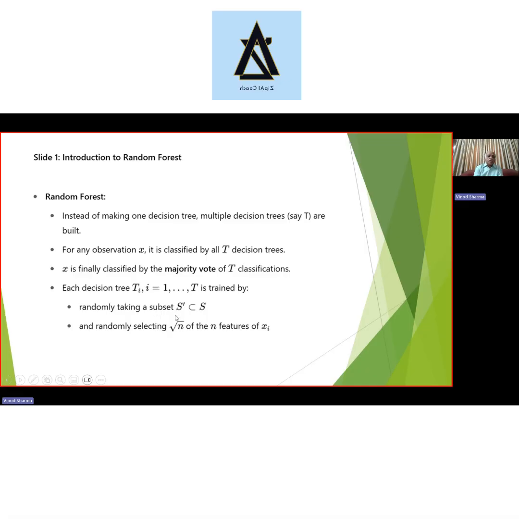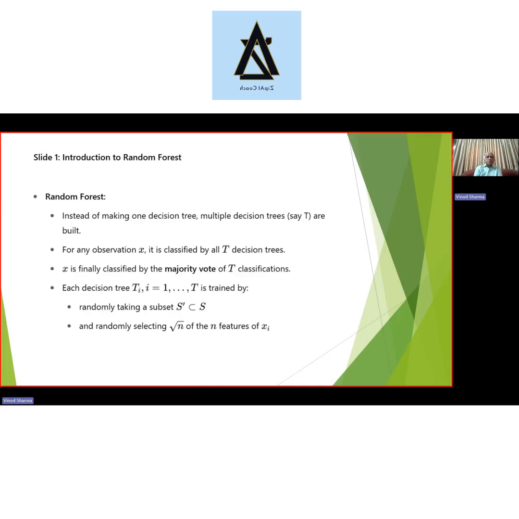Now for each ti, this is what we are going to do. A random subset S prime is selected and a random number of features, square root of n, are selected and the decision tree is made. So this is how you make, let's say, T1. To make T2, again, independently, randomly, we pick a subset S prime. Independently, randomly, we pick square root of n features and make T2.